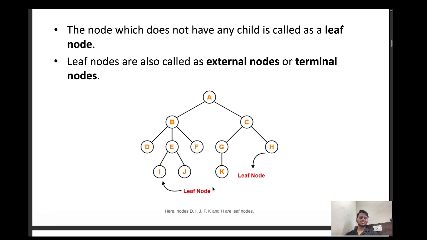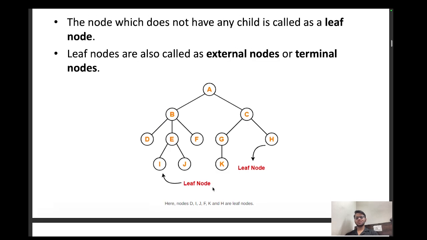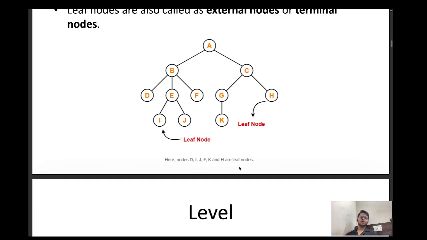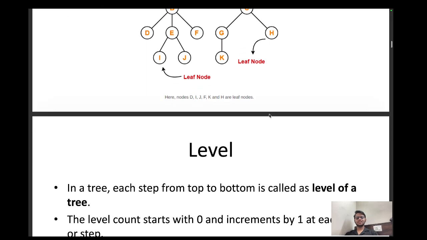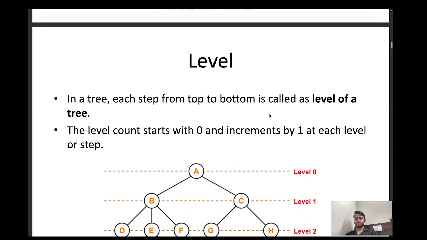So we call them leaf nodes, or they are also called external nodes or terminal nodes, because they do not have any children and the tree is terminating over here. The continuation of the flow of the tree is breaking there.